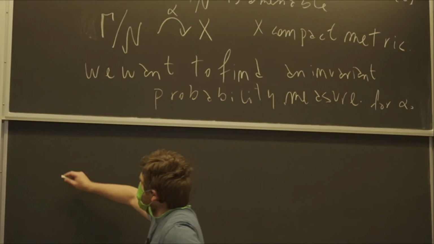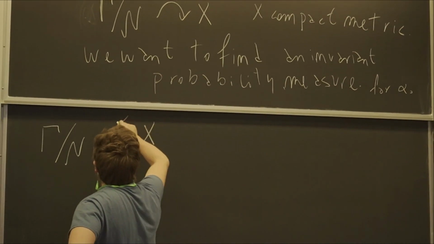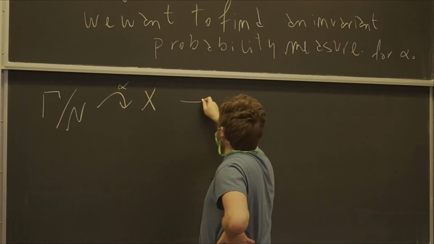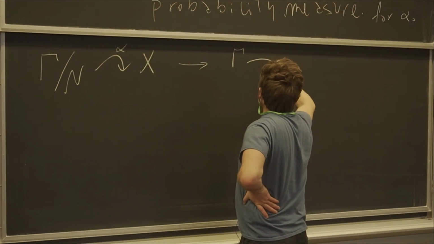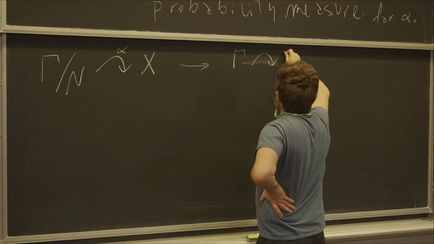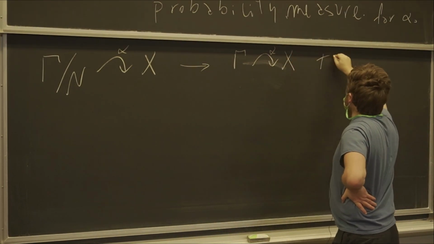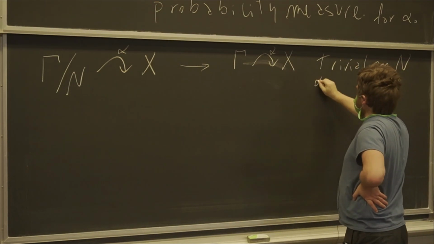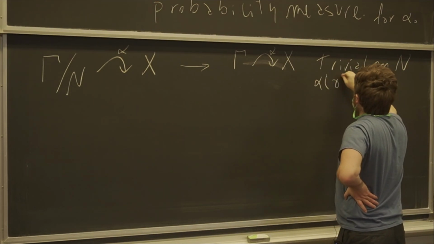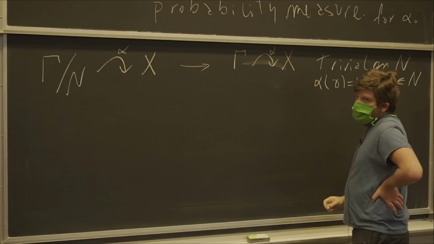Now, let me remind you that we have this action on X, and this induces an action that we still call alpha of the lattice on X, which is trivial on N. So alpha of gamma is identity for every gamma in the normal subgroup.